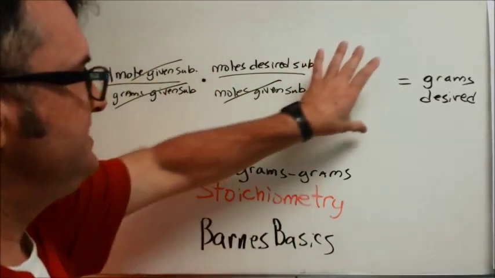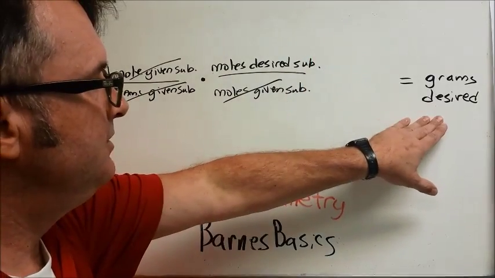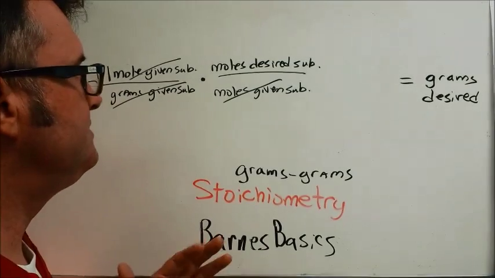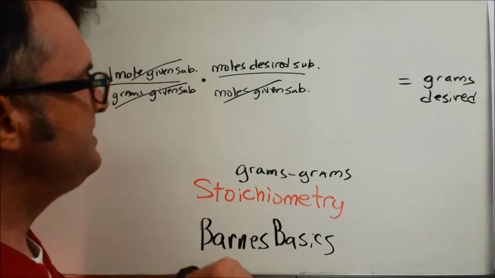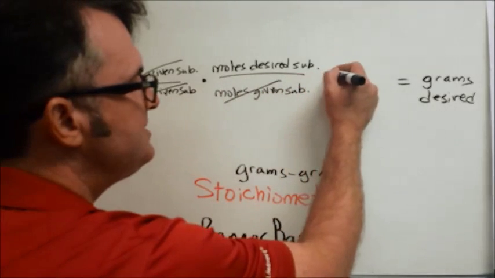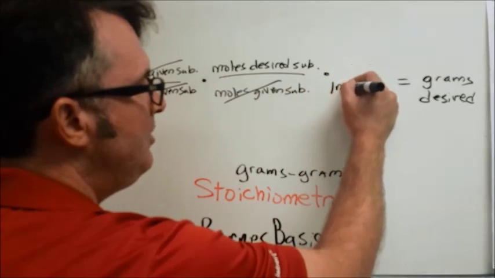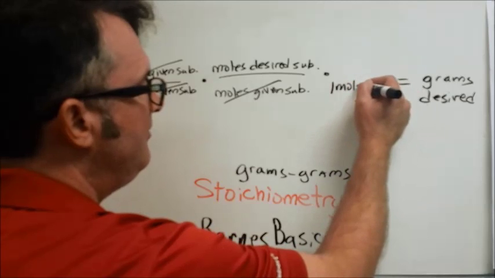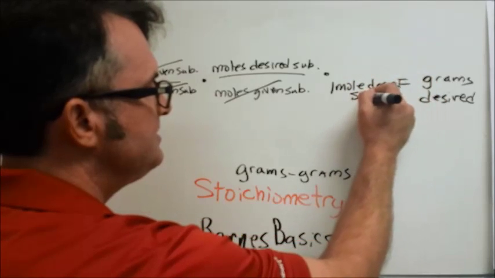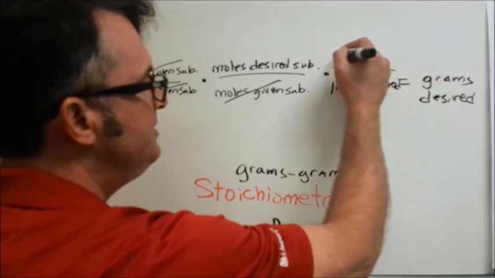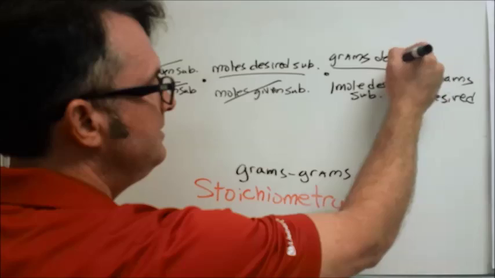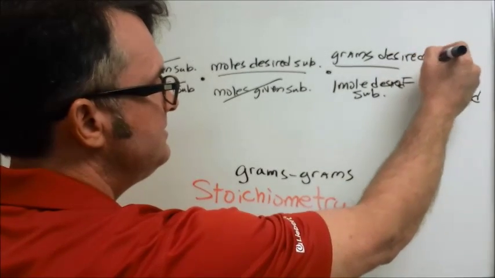The last step that we have to make to get to grams of a different substance in a balanced chemical equation in a stoichiometry problem is that we would flip this expression here. We would say that 1 mole of the desired substance is equal to a certain number of grams of the desired substance.